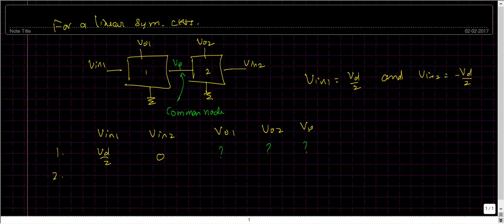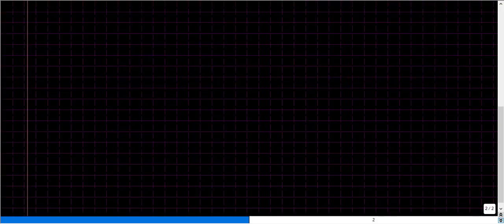To understand what the magnitudes of these nodes would be, let me consider a resistive network which is going to be a linear circuit, and it has been made symmetric around the node VP. Here is my Vin1 and here is my Vin2, and I have some resistances here.